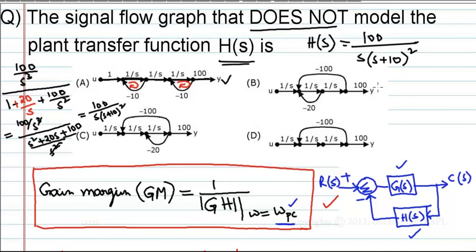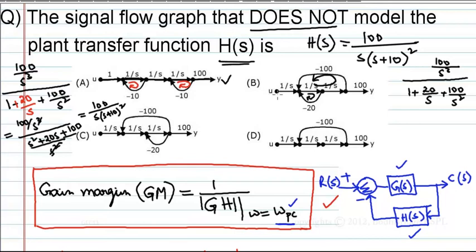For option B, first the numerator is the product of the forward path gains: 1 by S into 1 by S into 1 by S into 100, that is 100 by S cube. Then the sum of individual loop gains: there is one loop here and another loop here, so 1 minus minus 20 by S becomes plus 20 by S. Then minus 100 by S square, this loop, becomes plus 100 by S square.